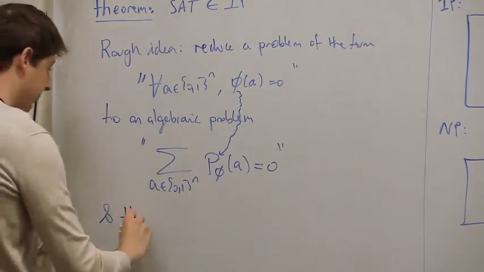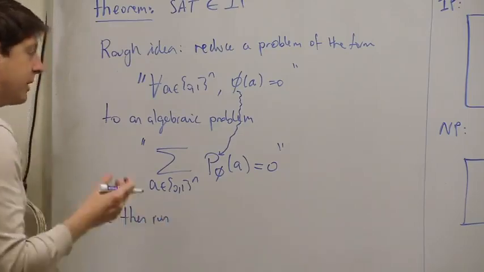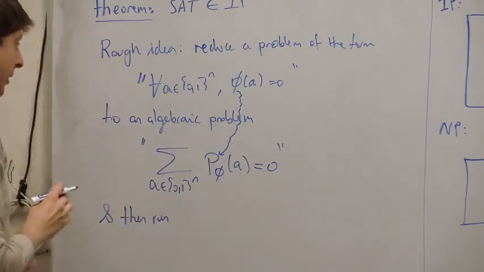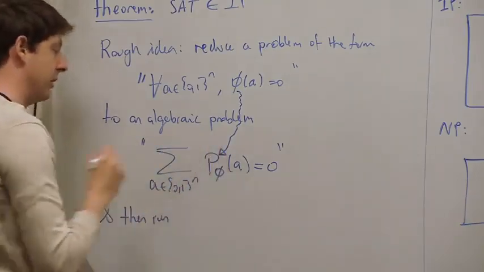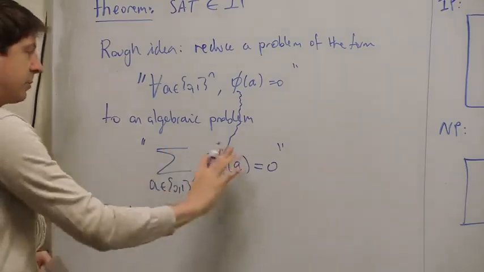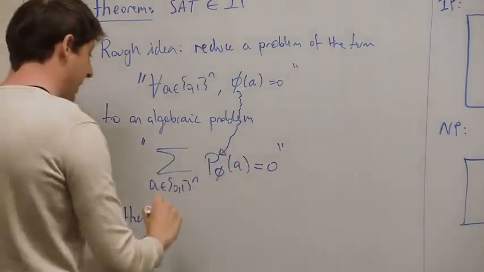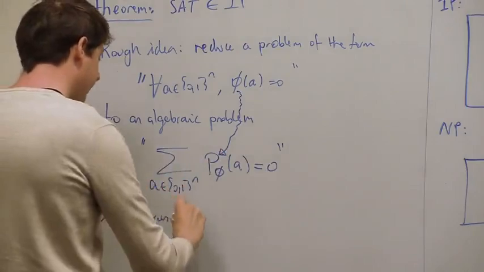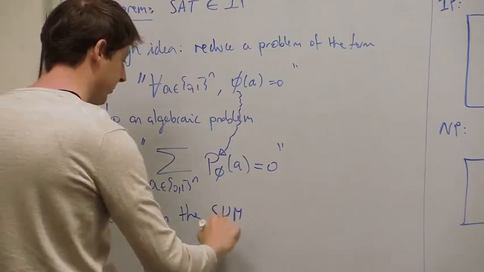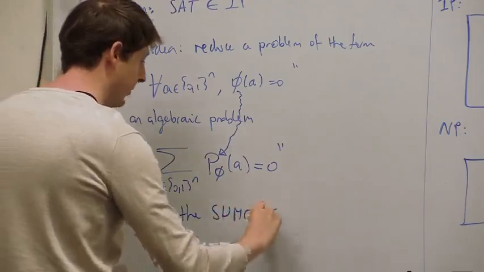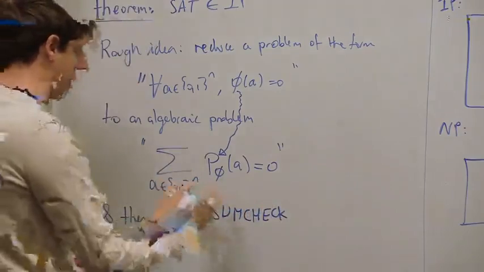It turns out that there is a beautiful and seminal result in interactive proofs that says this problem has an interactive proof. It's called the sum check protocol, a descriptive name because we're checking a sum.